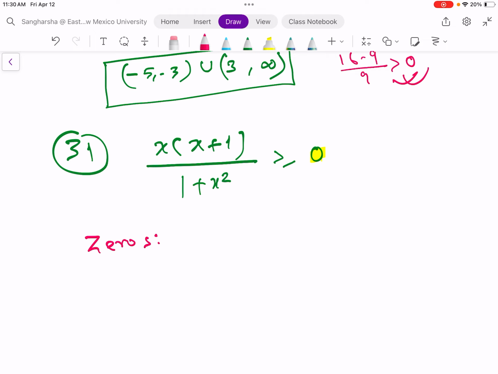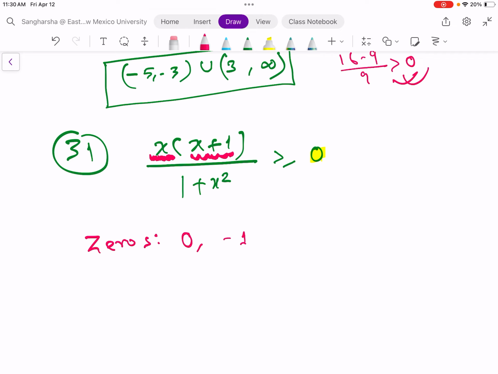Let's take each factor. We have x as a factor. For what x value is this factor 0? 0, right? For what x value is the second factor 0? Negative 1.